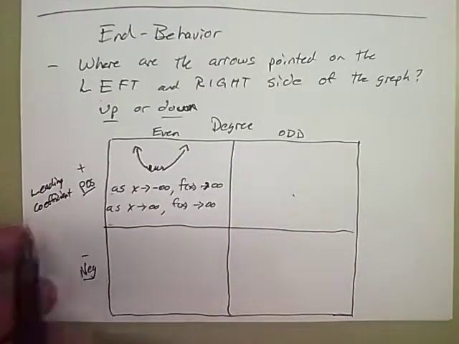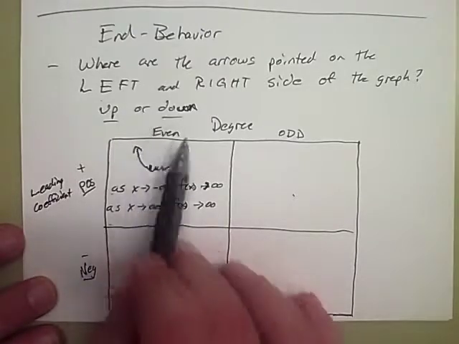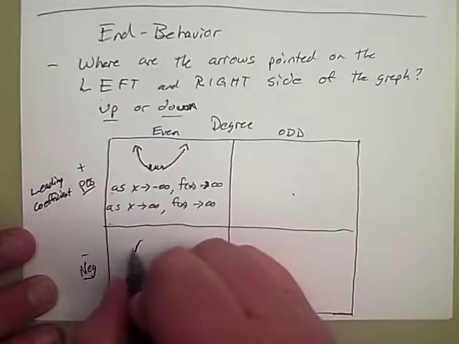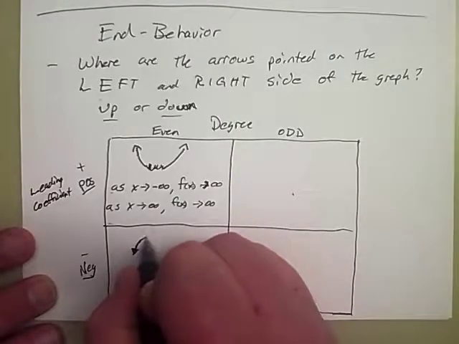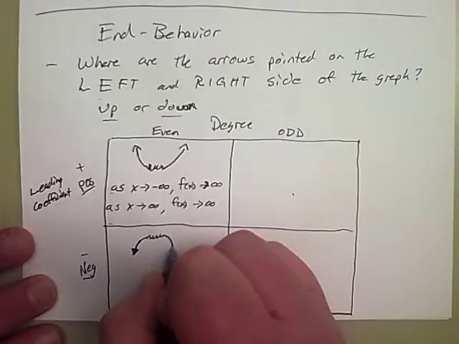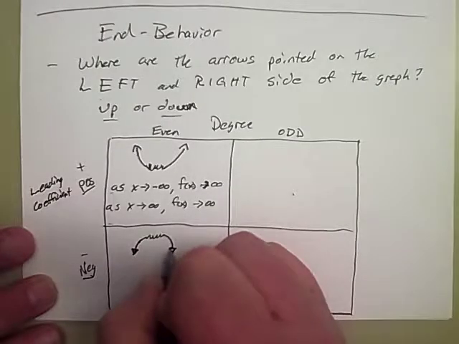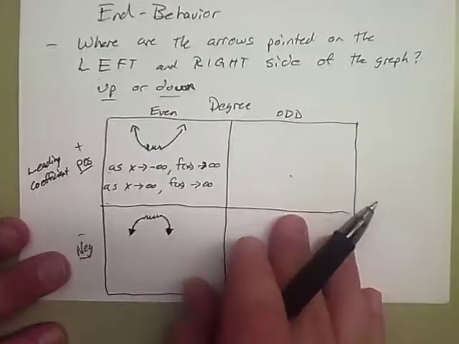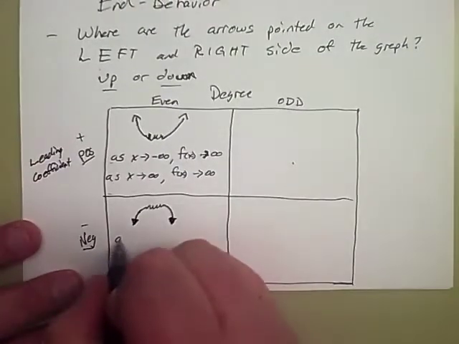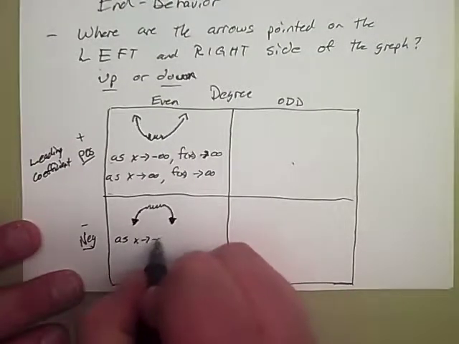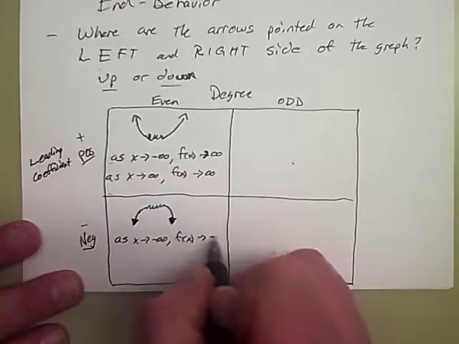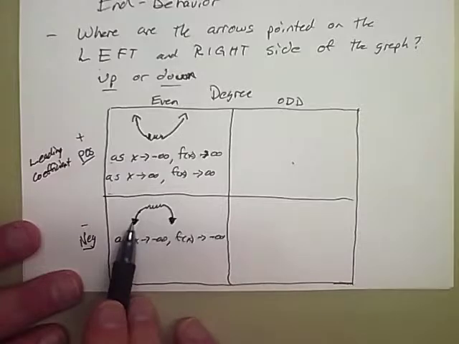Now if I had a negative leading coefficient and the degree is even, then my arrows would both be pointed down, again doesn't matter about the middle. So how do we say that? Well, we say as x approaches negative infinity, then f of x approaches negative infinity, because I'm going down.